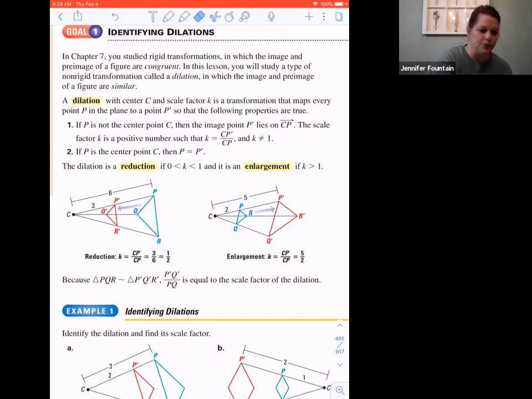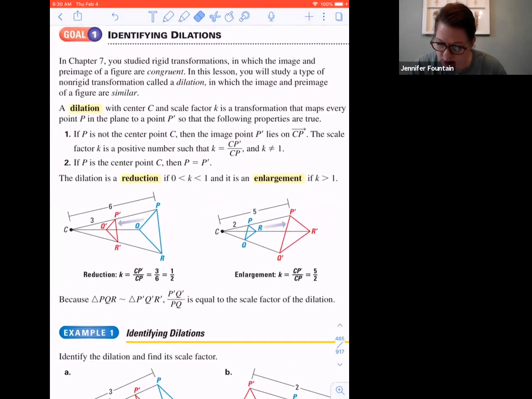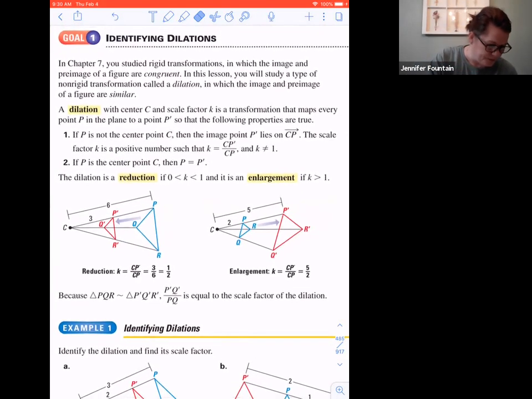Let's look at what we just read and what needs to fill in where. It says a dilation is a non-rigid transformation in which a pre-image results in an image that is either an enlargement or a reduction.